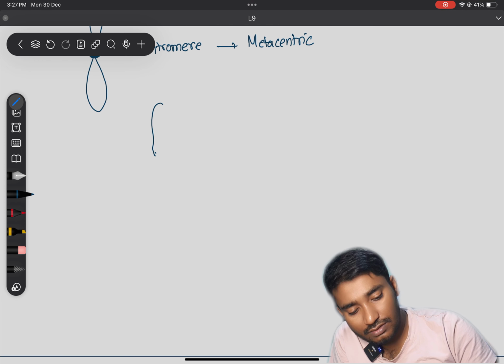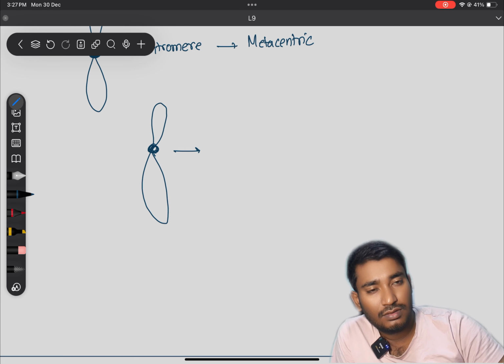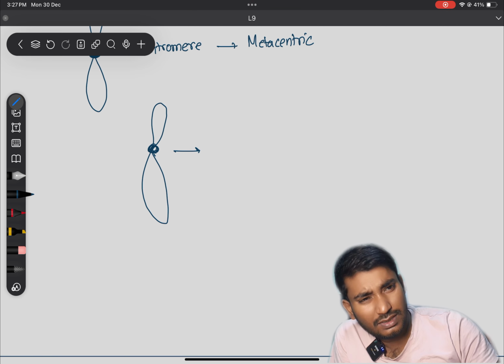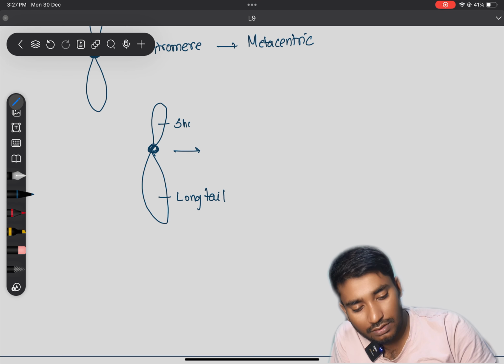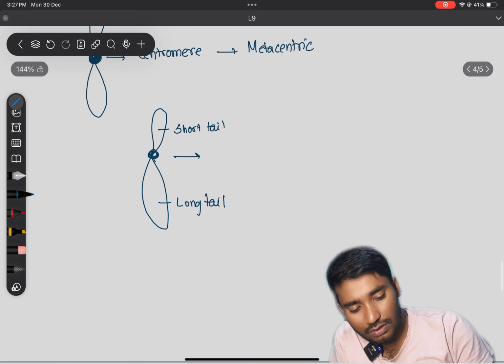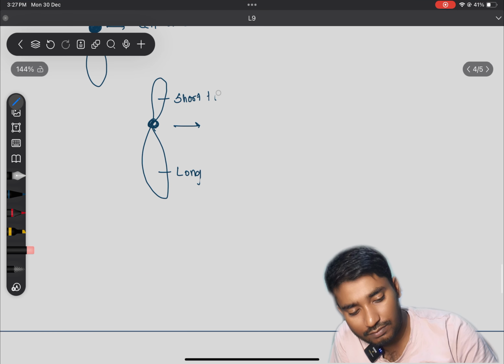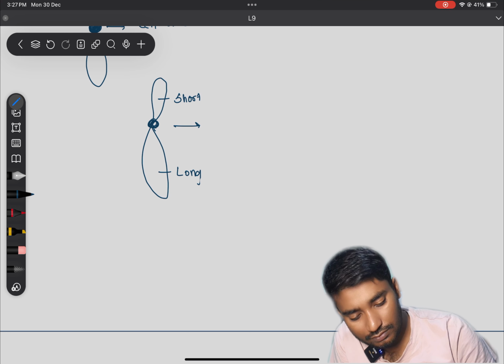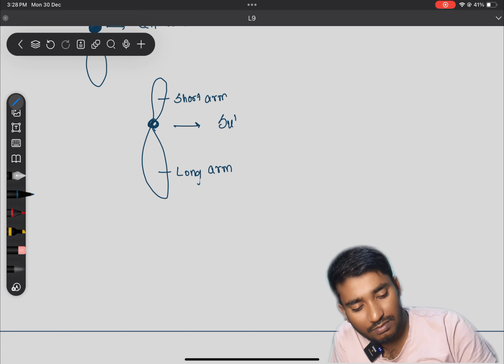When the centromere moves towards one end, making a long arm and a short arm, this will not be a tail, this will be an arm, this is submetacentric.